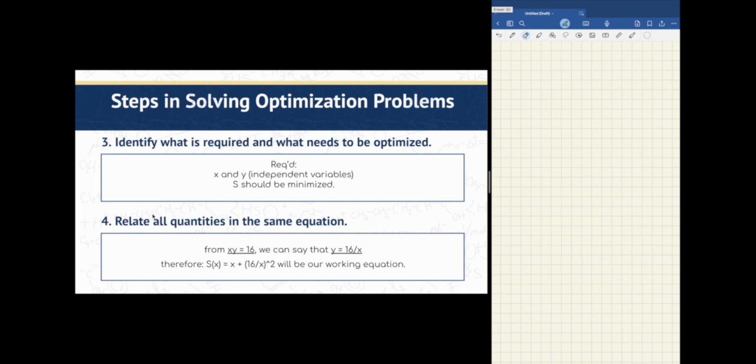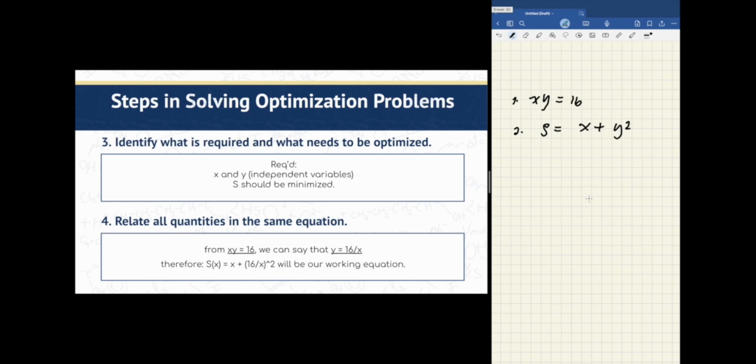The next step is to relate all quantities in the same equation. So we were given two equations, or rather we wrote down two equations. So the first equation was x times y is equal to 16, and the second equation was s is equal to x plus y squared. A very helpful tip is to express one variable in terms of the other.